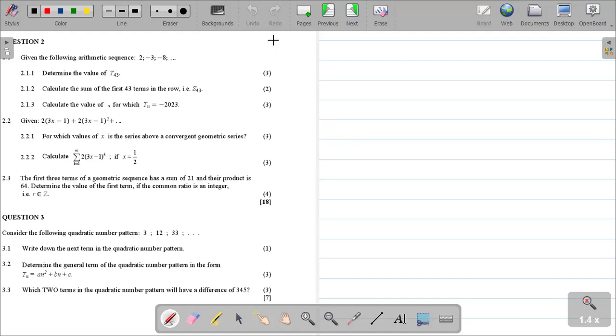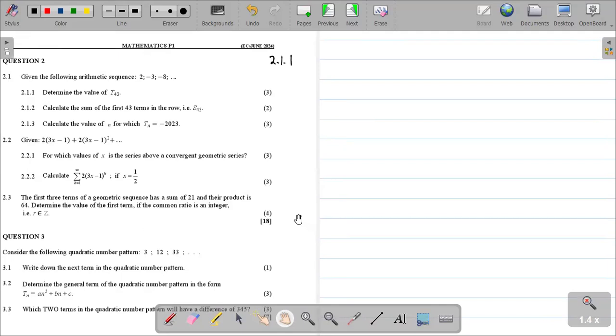Now, 2.1, okay, what do they want? 2.1, they say given the following arithmetic sequence here, they say determine the value of T43. Okay, so we use the formula, Tn equals a plus n minus 1, and then into d.